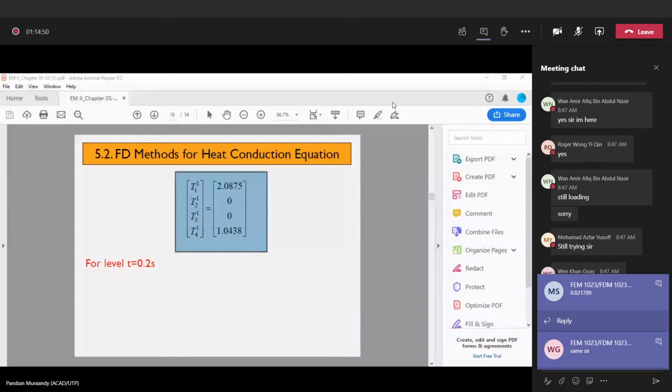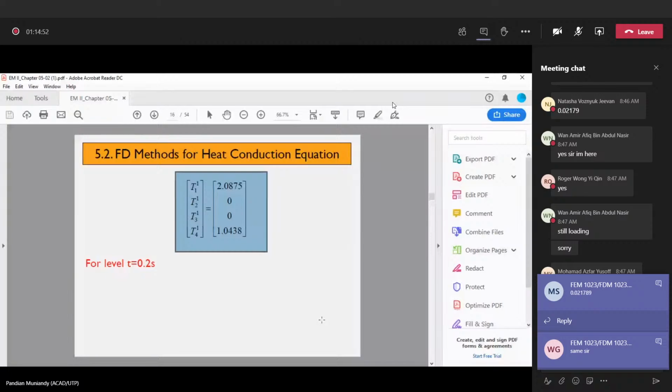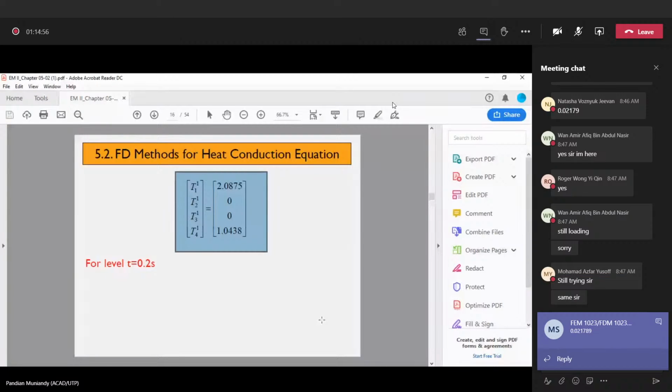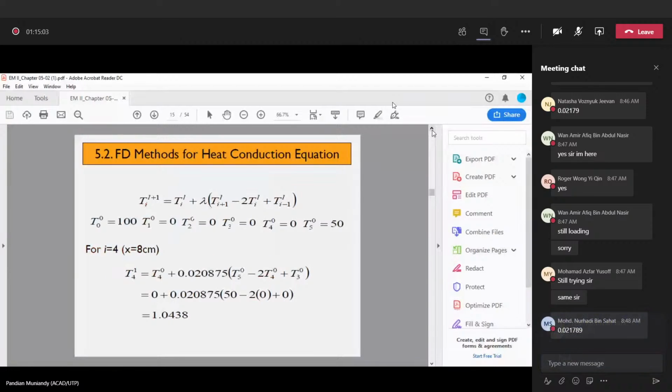Okay, so now we do the last one at I4. So you go back to this equation, the same equation. L is 1, so T superscript 1 plus 1, 2, I is 4.